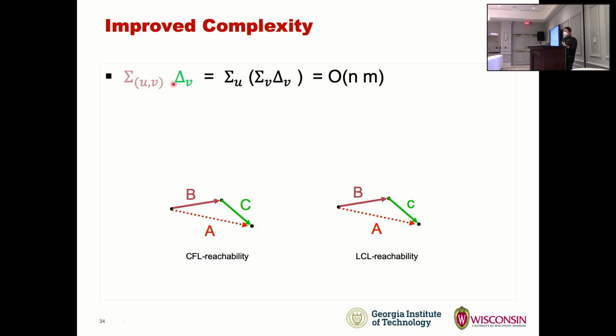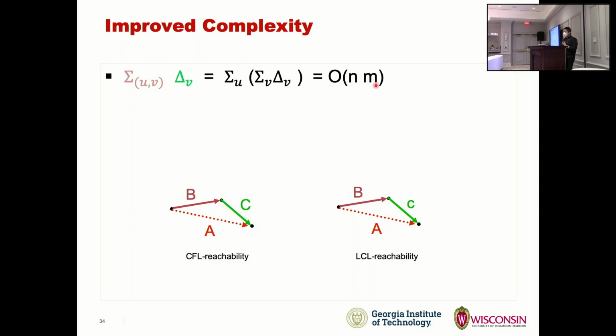Okay, so if we can always do the computation this way, it turns out that the complexity will be slightly better. The reason is that for all the non-terminal edges B, we don't need to look at all nodes in the graph. Instead, we only need to look at the neighbors of this particular node V. The neighbors are measured by the degree of a node, and if we put everything together, we end up with the complexity of Mn.